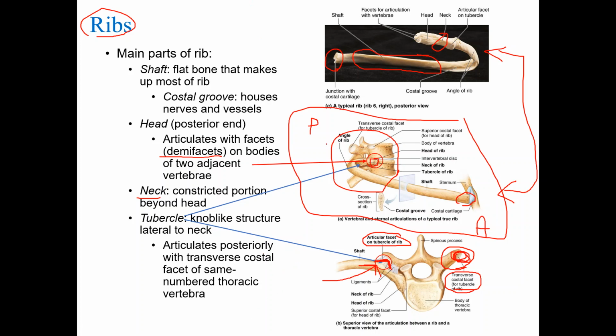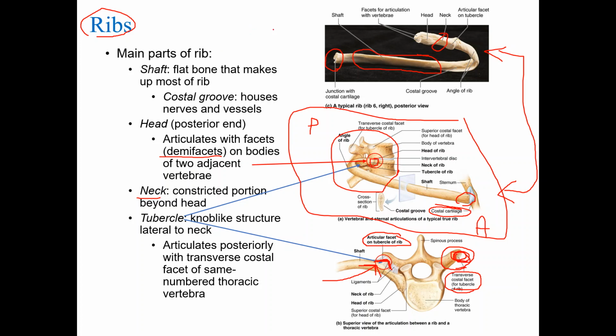So these are the important points here: how the ribs articulate posteriorly with the vertebrae, and at which points, and anteriorly, of course, through the costal cartilage, as we have seen in the previous slide with the sternum.